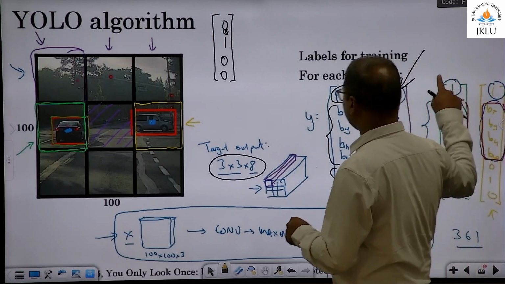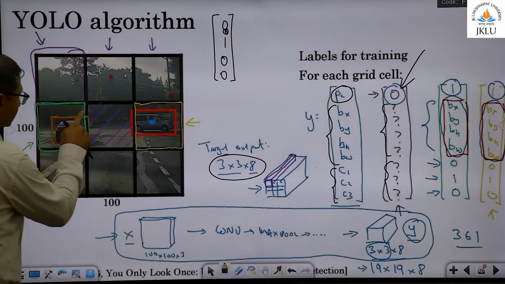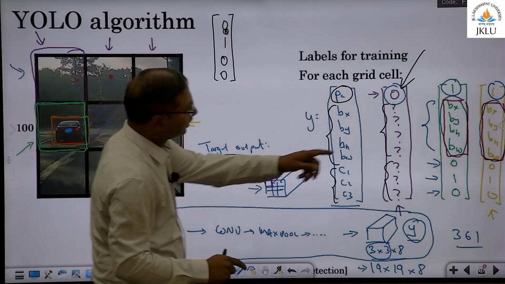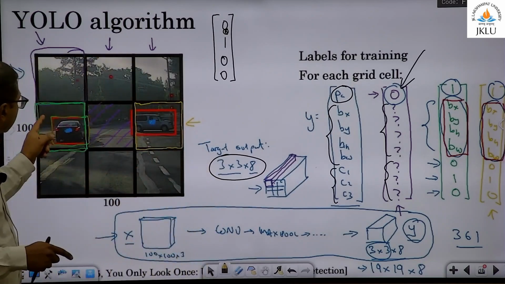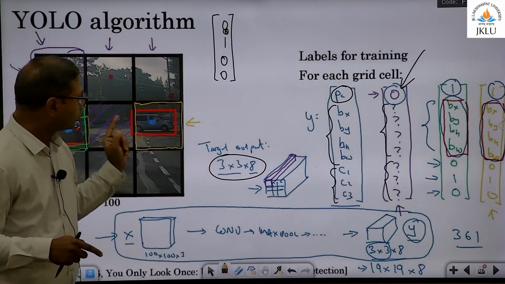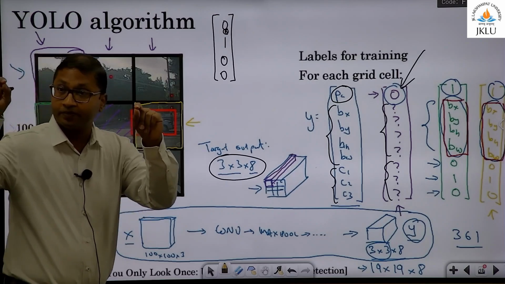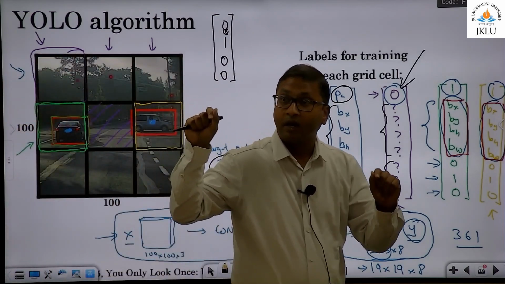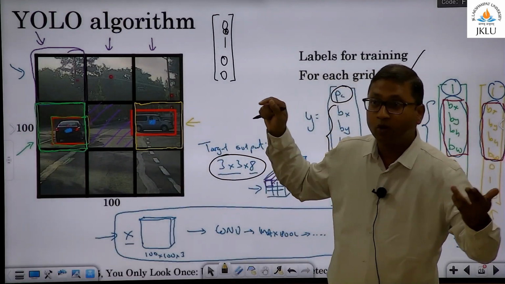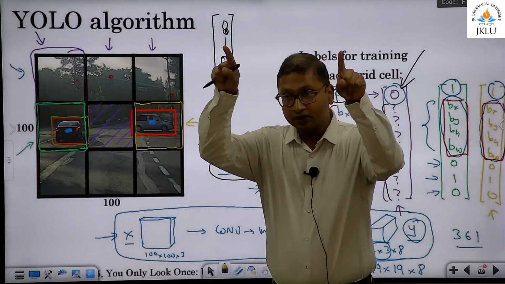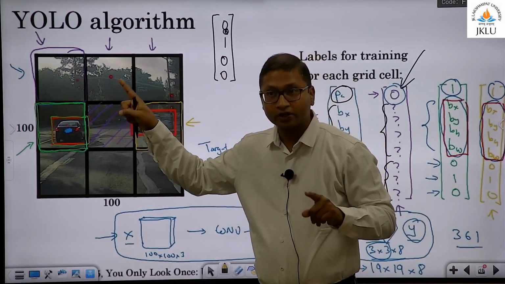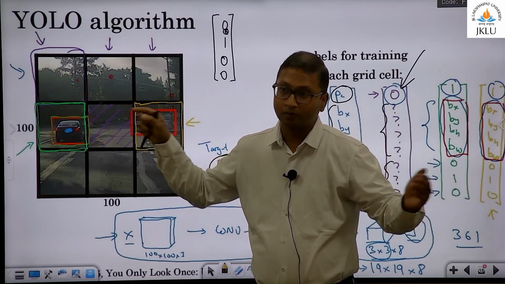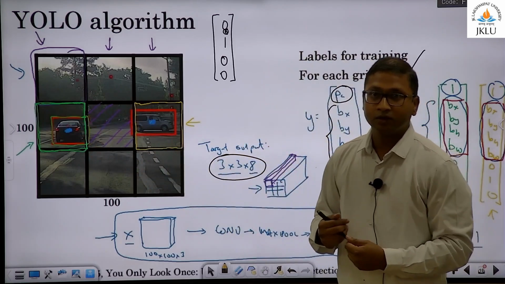What about this green one? This green one is this object detected, and the yellow one here, okay. And then you are also giving a bounding box for both of them, which is different from the grid cell. Earlier in sliding window, your bounding box would be the same as the sliding window that is moving, but now your grid is different from the bounding box, okay.